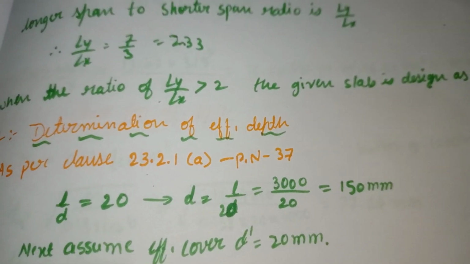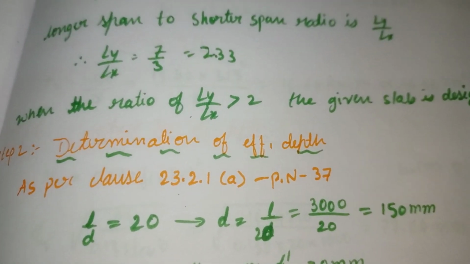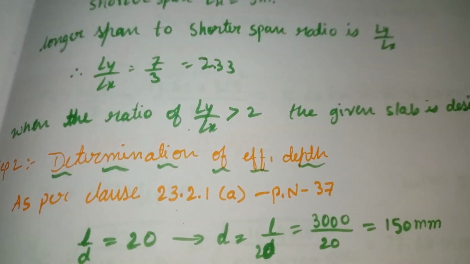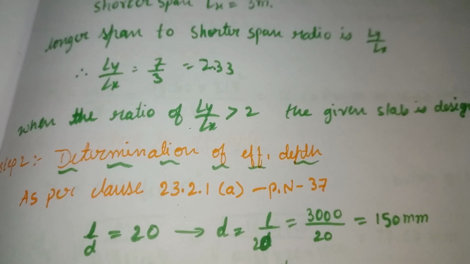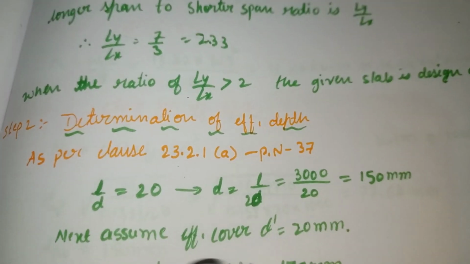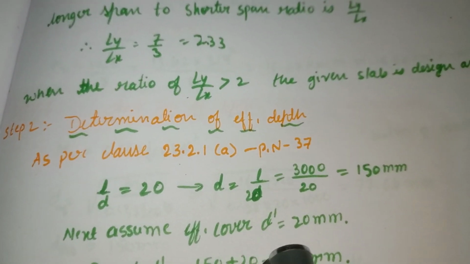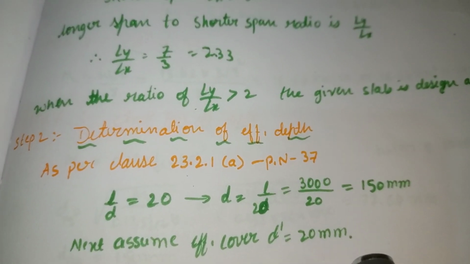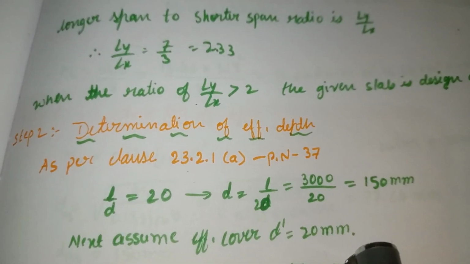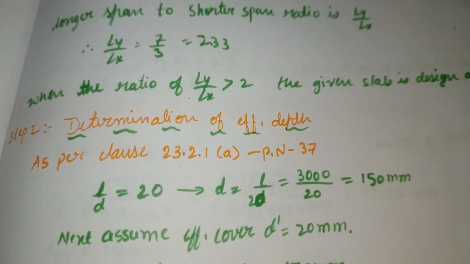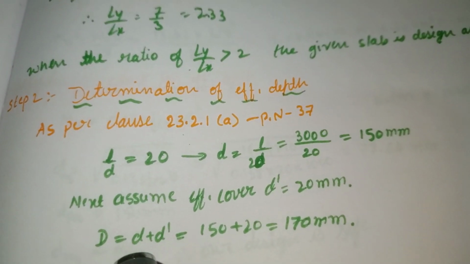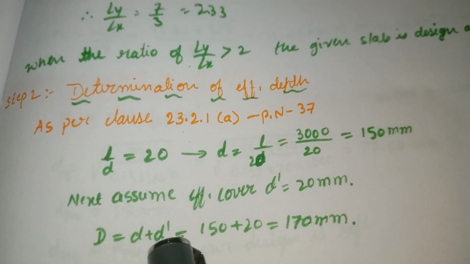150 mm. Next, for calculation of the overall depth, we need to assume the effective cover, denoted as small d dash. I am assuming 20 mm; you can take around 25 mm. Now we can easily calculate the overall depth. For that we have the formula: capital D is equal to effective depth plus effective cover.